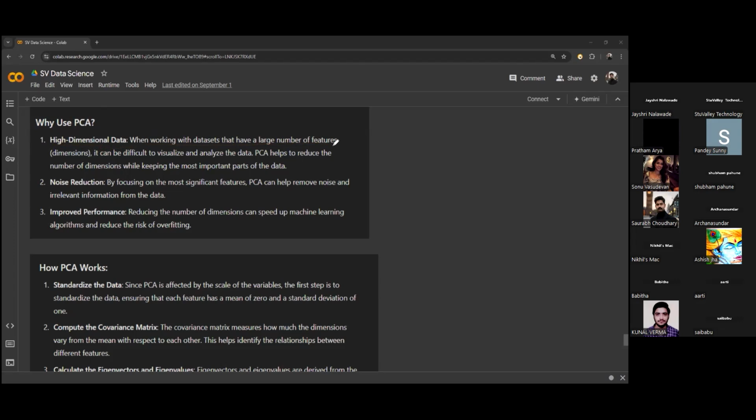We also have some other data where we have thousands of features, meaning thousands of columns or dimensions. It can be difficult to visualize and analyze the data. You cannot analyze or visualize data with very high dimensions. For example, with 20 or 30 features, you cannot visualize it in a 2D plane.